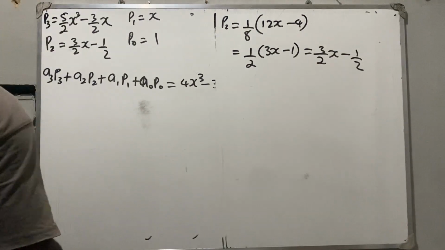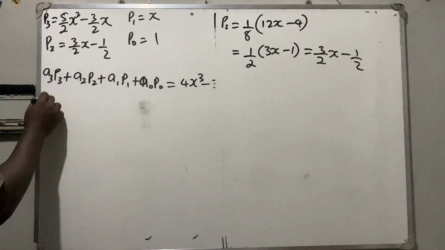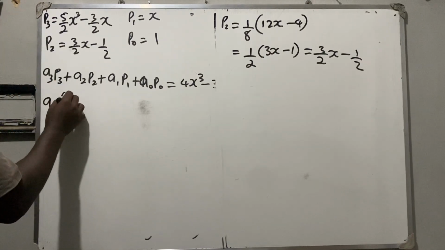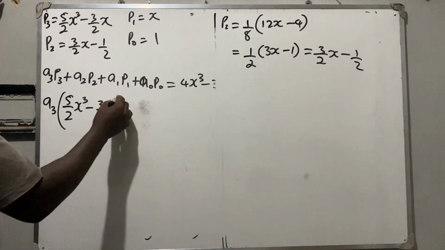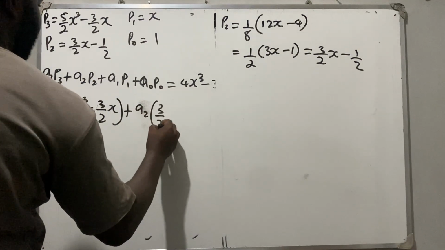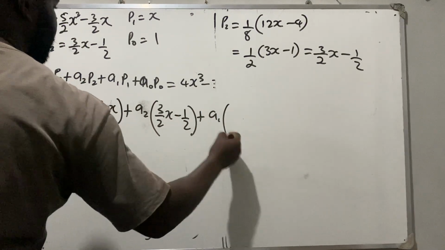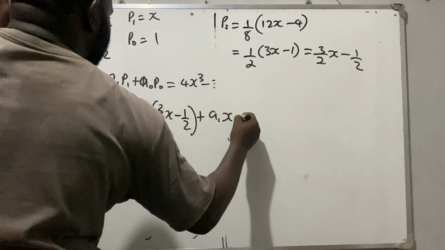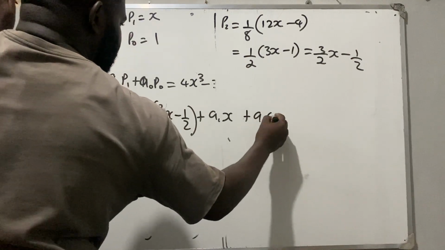So to equate it, the same thing here, so that we can find A3, A2, and the rest. So A3 into my P3, which gave me 5 over 2 x cubed minus 3 over 2 x, plus A2 into my P2, which gave me 3 over 2 x minus 1 over 2, then plus A1 into my P1, which gave me just x, then plus A0 into 1, which is just A0.